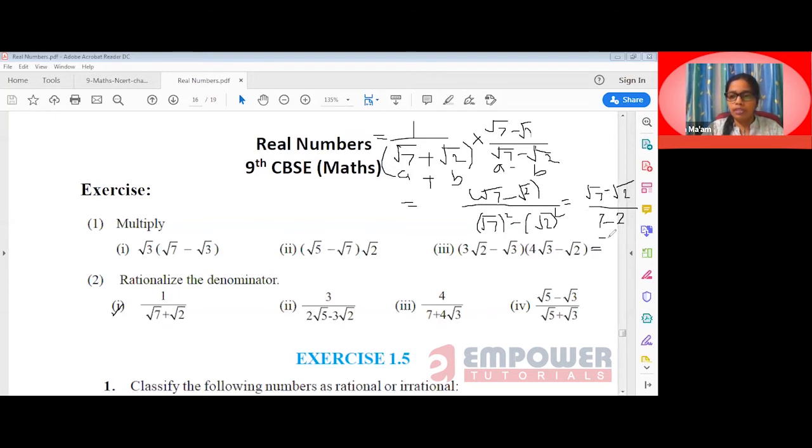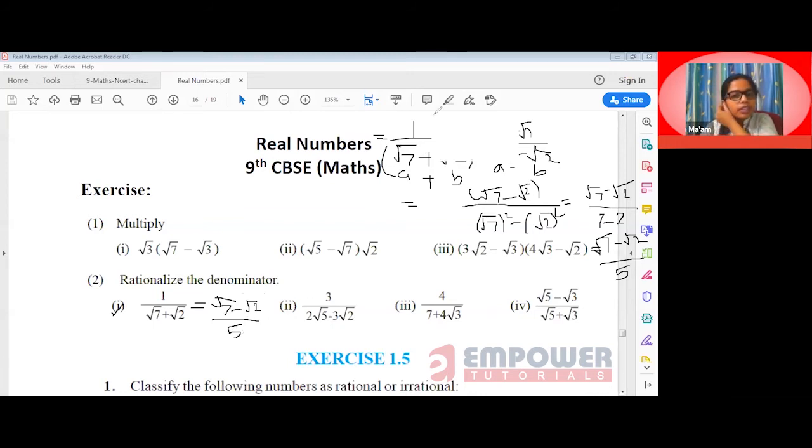So this is equal to root 7 minus root 2 upon 5. So this is your final answer. This is how rationalization of the denominator gives you root 7 minus root 2 upon 5.